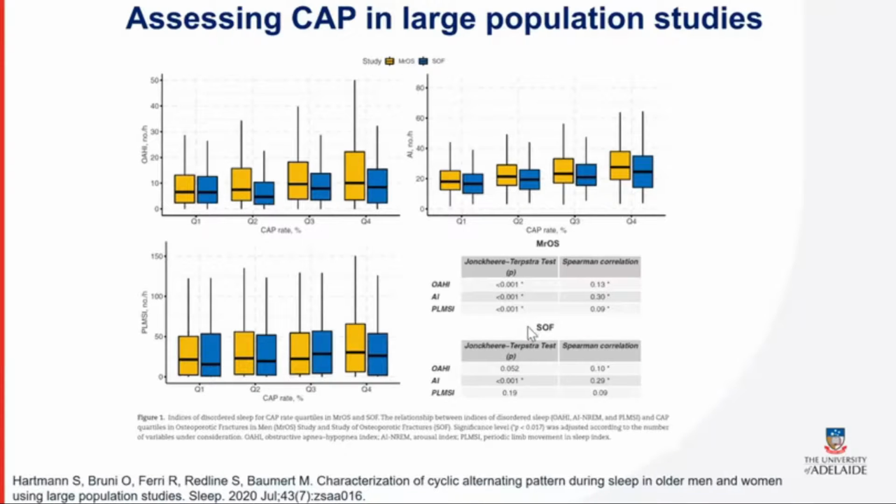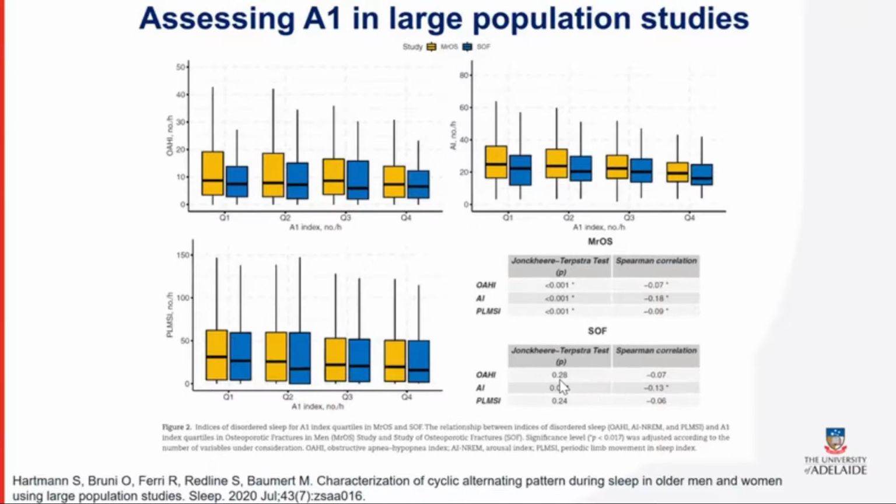The effect size is quite small, as you can see by the Spearman correlation coefficients. Therefore, in SOF, because the study size is smaller, some of those effects were not statistically significant. If we look at the different activation types, let's say A1, which is meant to preserve sleep, we see an inverse correlation following a similar pattern.